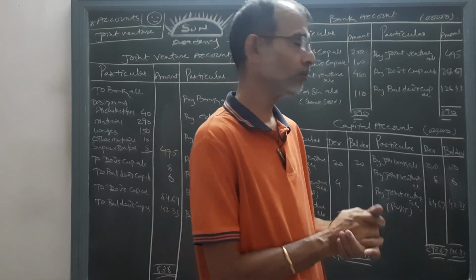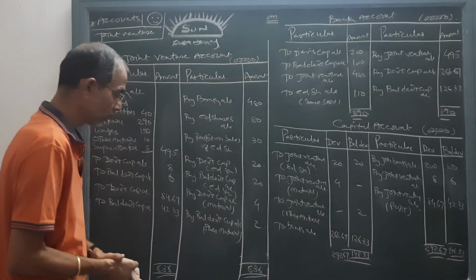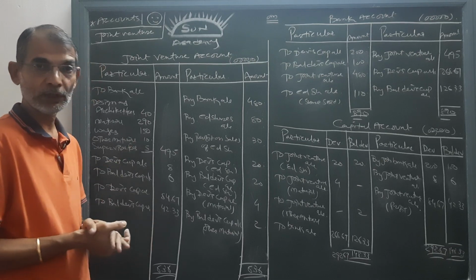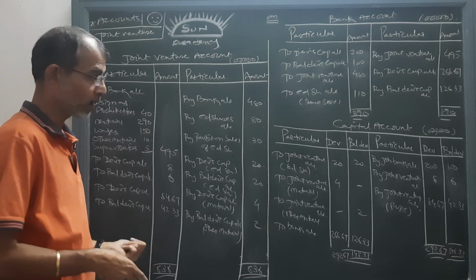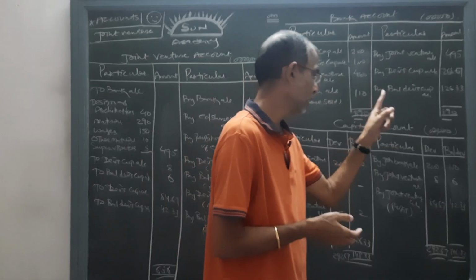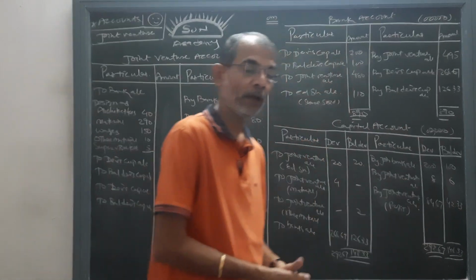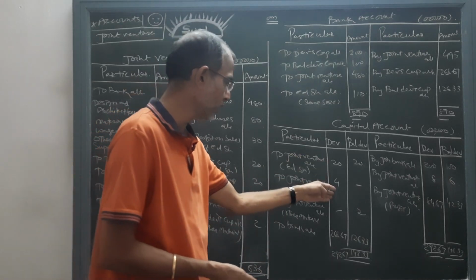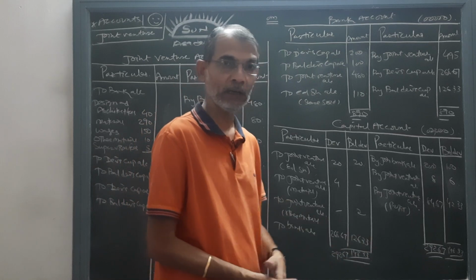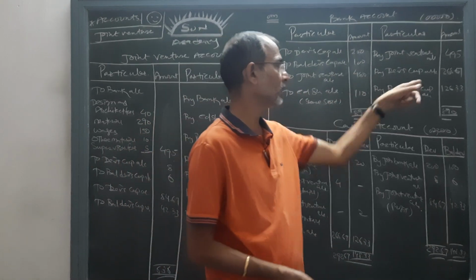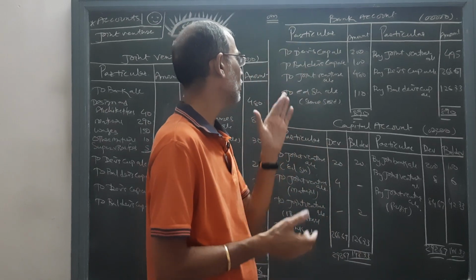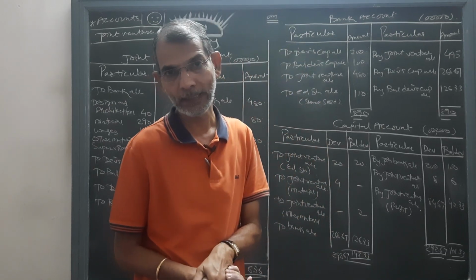Now, by totaling the credit side of the joint venture, we found the profits which were distributed in the ratio of 2:1 and credited to their capital account. By taking the credit total of their capital account and subtracting these two figures on the debit side, we found the balance to be paid to both of them, which were written on the credit side of the bank account, and the bank account was also tallied.